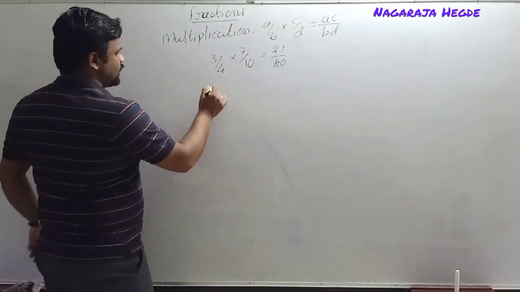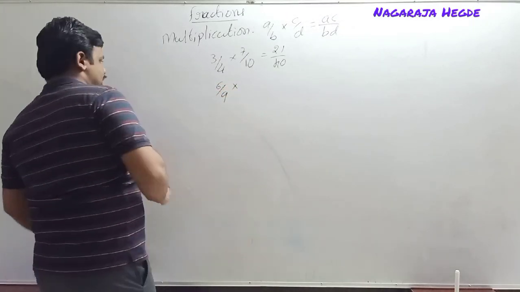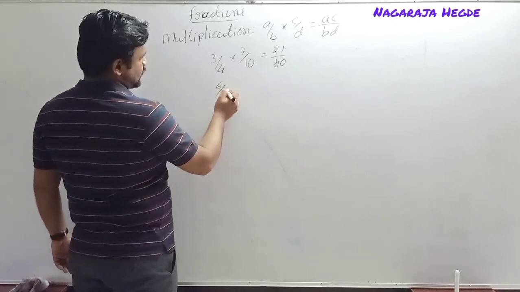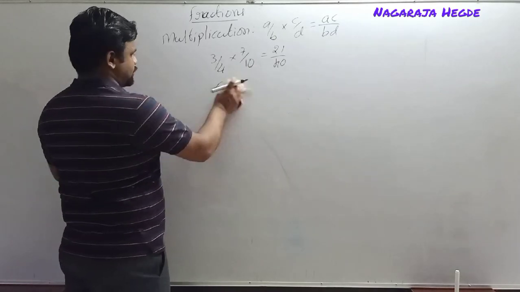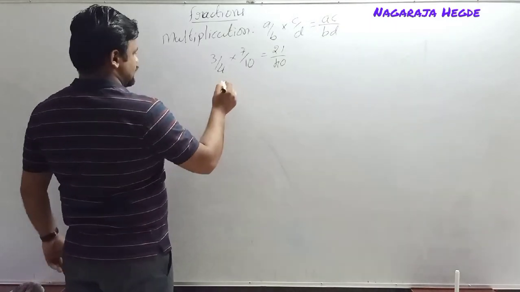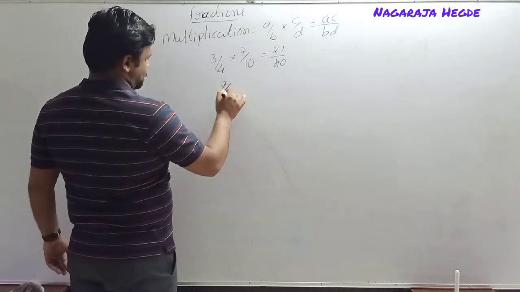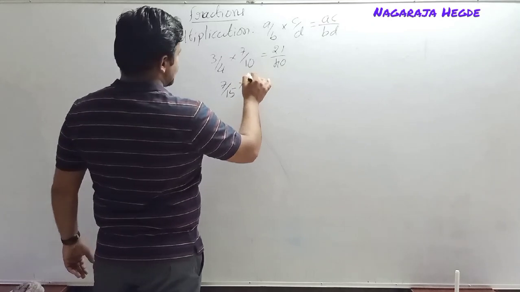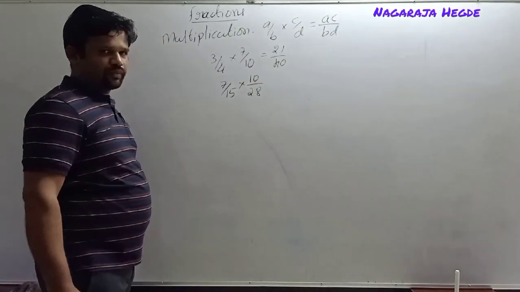For example, 6 by 9 into, we will take a different one, let us take 7 by 15 into 10 by 28.